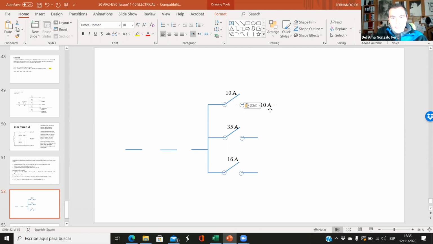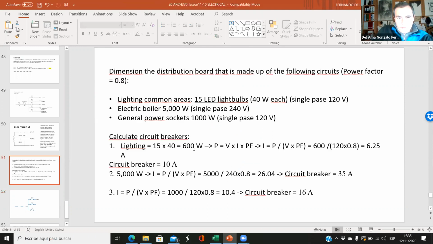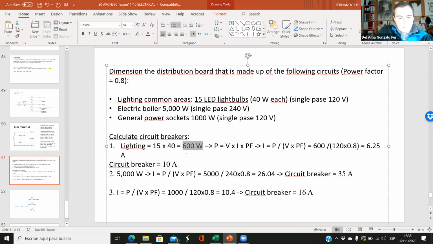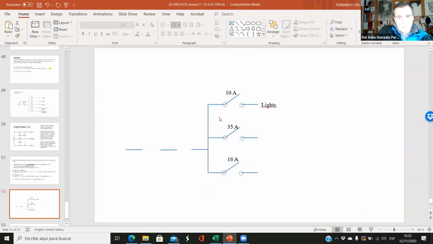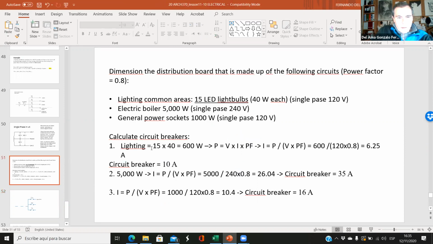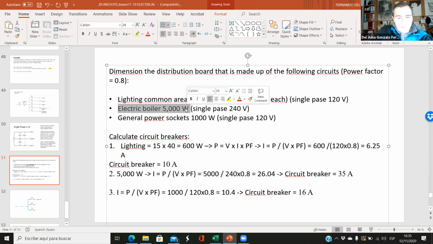And here we can type the name and the power of the circuit. So this is lights, and the power of this circuit was 600 watts. The next one was the electric boiler with 5,000.